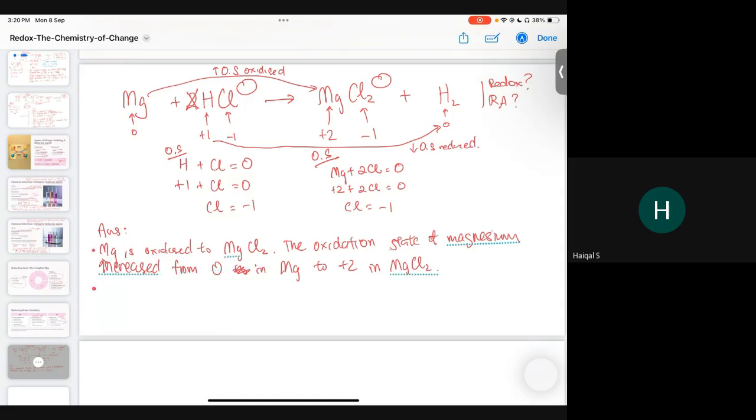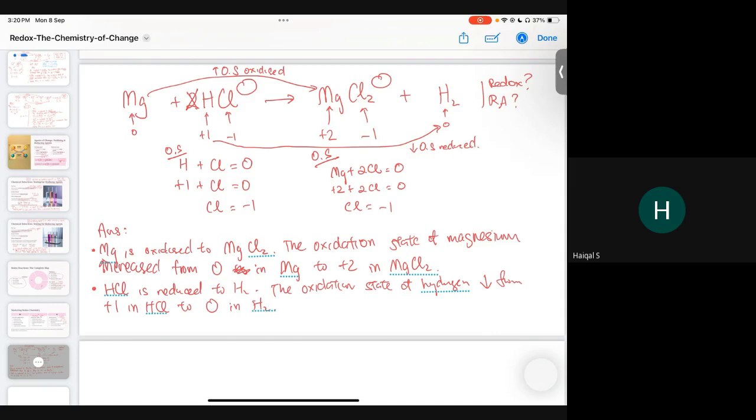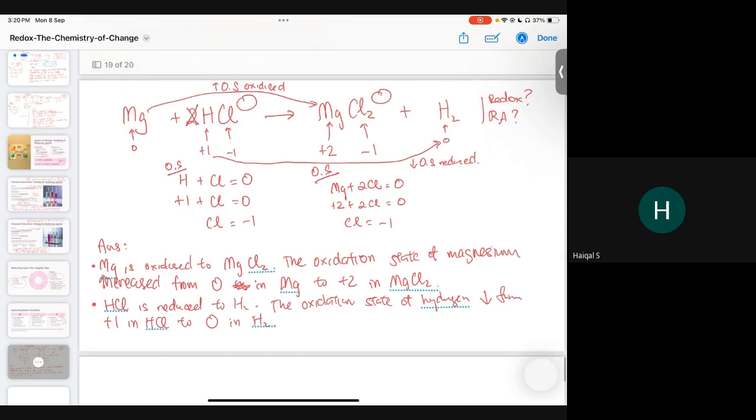Second one will be HCl is reduced to H2 because the oxidation state of hydrogen decreased from +1 in HCl to 0 in H2. Okay, so this is in terms of explaining the redox.